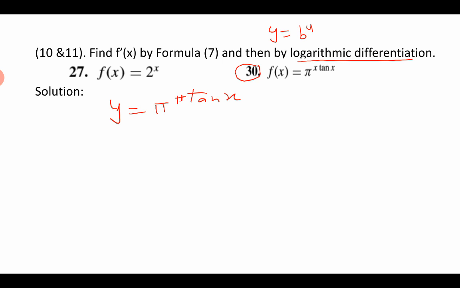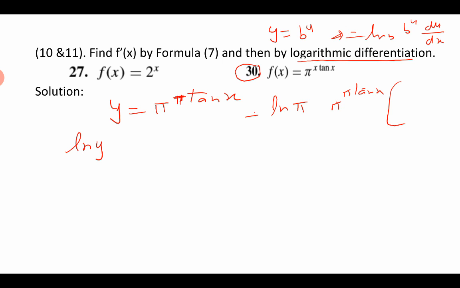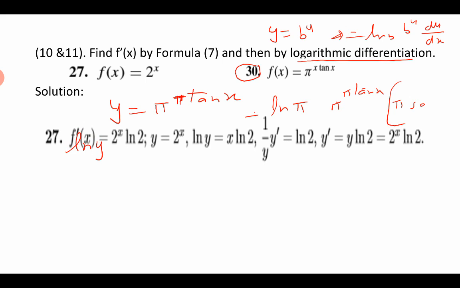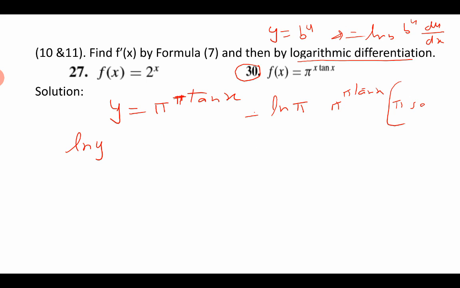So here you can directly write ln pi and pi power tan x, and then differentiate tan x. It will be pi into secant squared x.